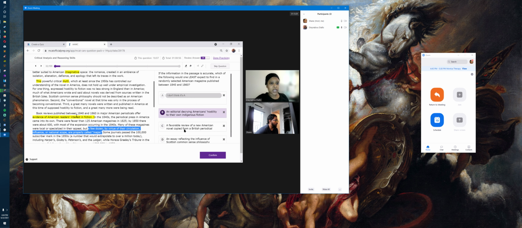Because it says book reviews published between that time offer evidence of American readers' interest in fiction. So I would say D. If it's their interest in fiction, and the Scottish common sense is hostility, right? Oh yeah, this is least. Okay, fine. Let's do it.